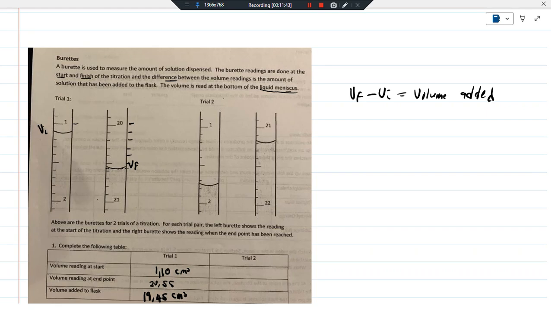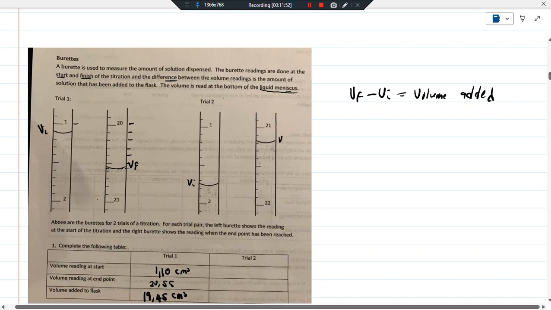We're testing if we know this now. So let's see. This will be V initial, then V final. So 1, 1.1, 1.2, 1.3, 1.4, 1.5, 1.6, 1.7. Can you see the meniscus?